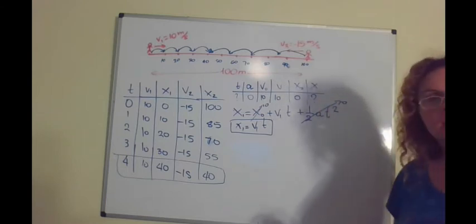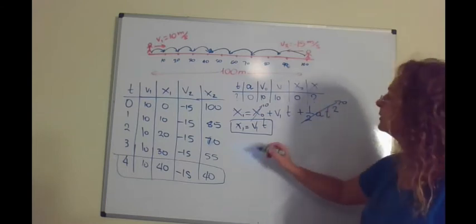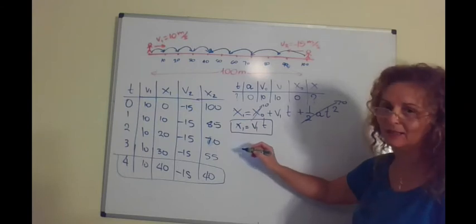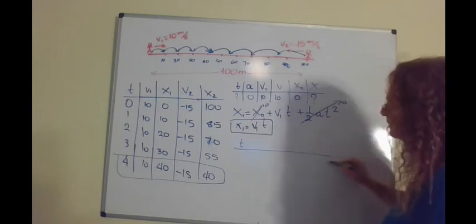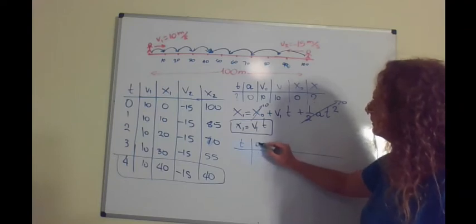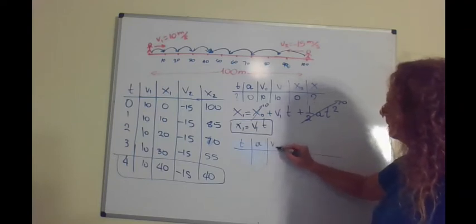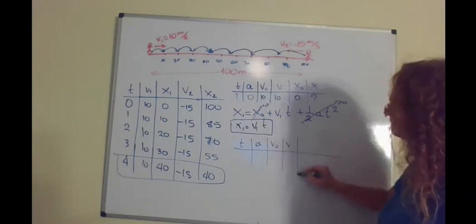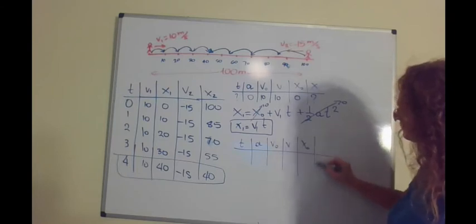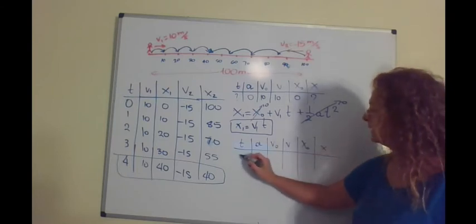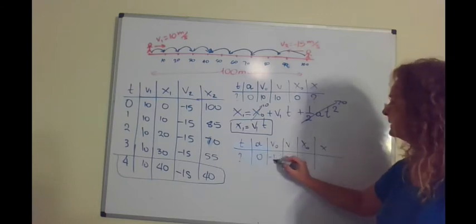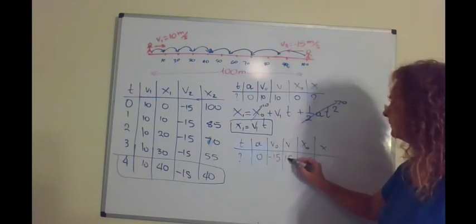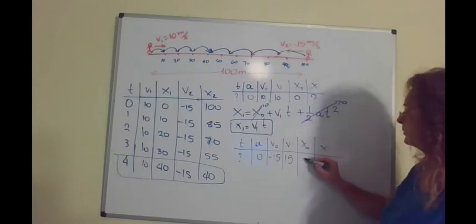Now the same thing happens with the second person. Doing this again, I don't know the time, I know there's no acceleration, and the velocity is negative 15 the whole time. The initial position is 100 and I don't know the final.